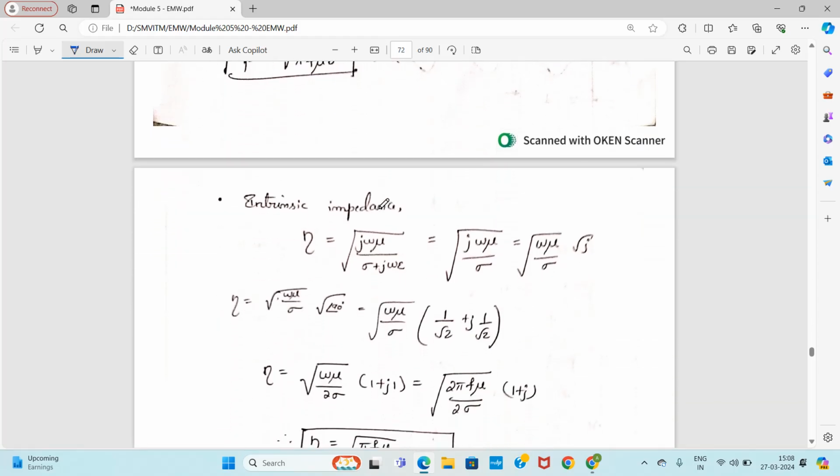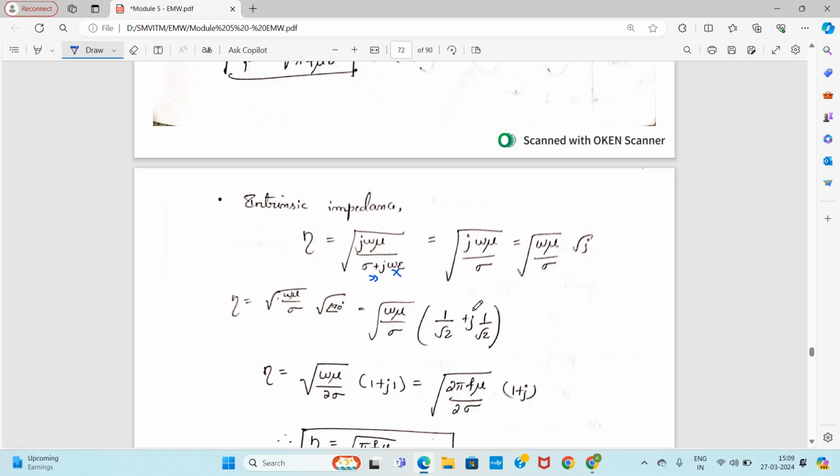The next one is eta. Impedance is calculated as root of j omega mu by sigma plus j omega epsilon. Again, same concept is applied. Sigma is very much greater than omega epsilon, so this part is neglected. Only sigma is written. And again, if I take j out, root of j is root of 90 degree or 45 degree, and that 45 degree is written as cos 45 plus j sin 45.